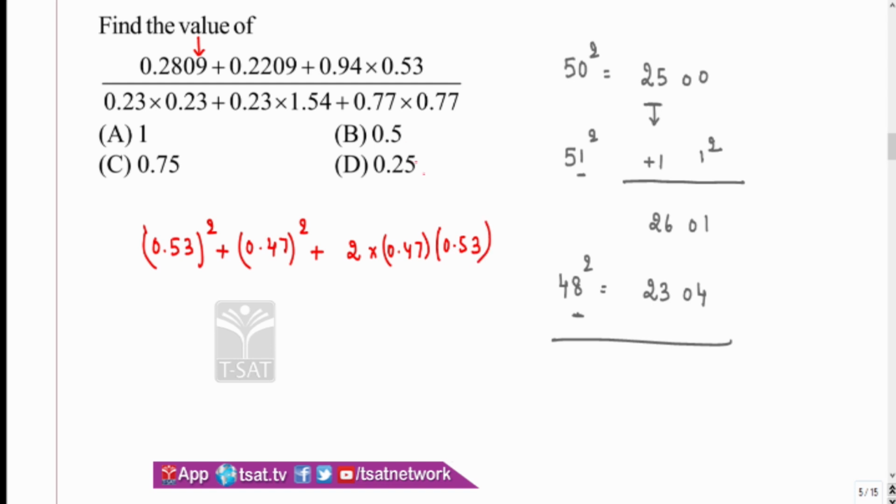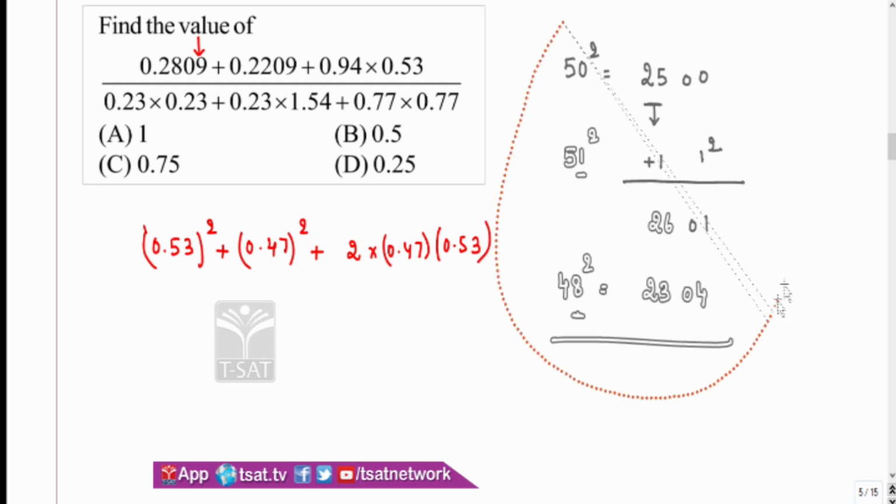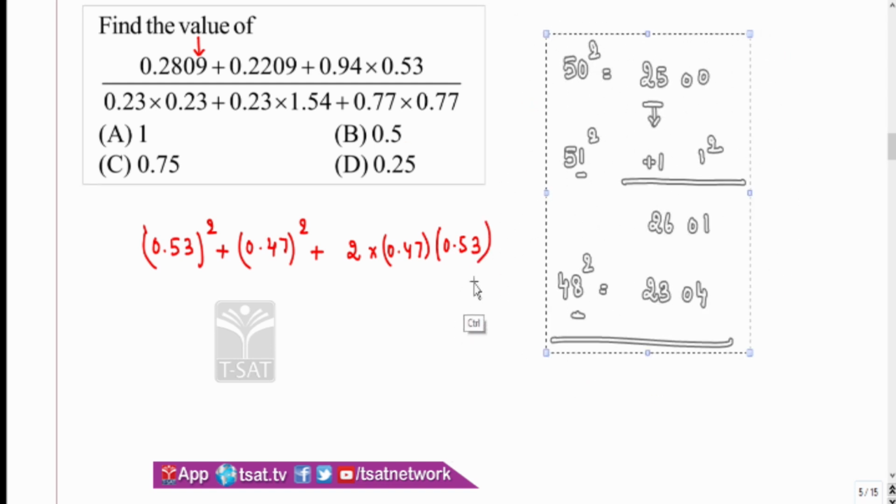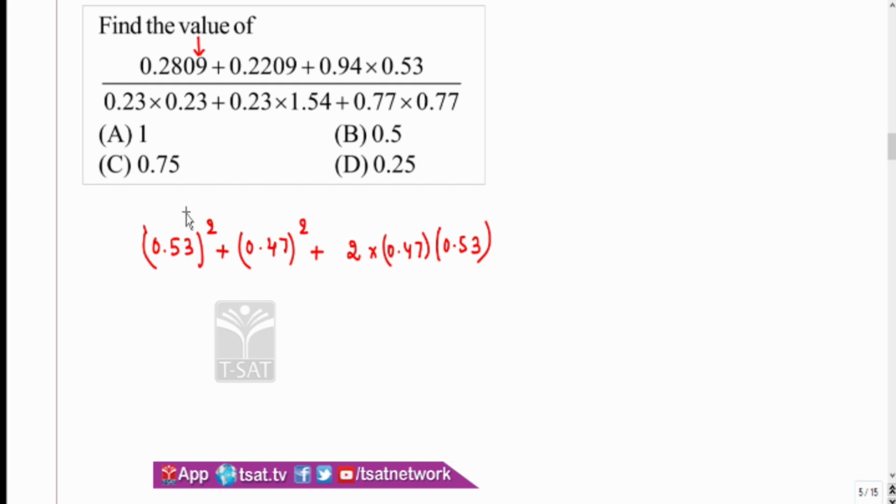Now, completely your numerator is in the form of (a plus b) whole square, because you have a square plus b square plus 2 into a into b. Now, what is a and what is b here? In the numerator, a is 0.53 and b is 0.47. Therefore, a plus b becomes simply 1.